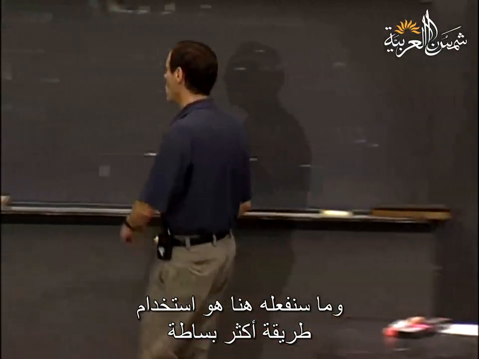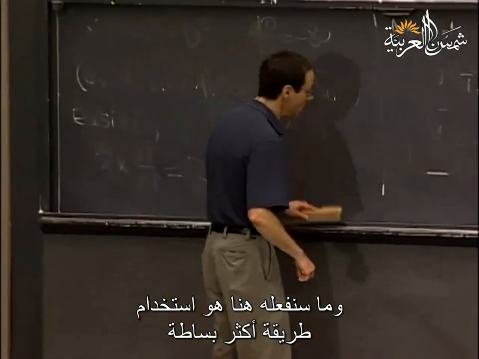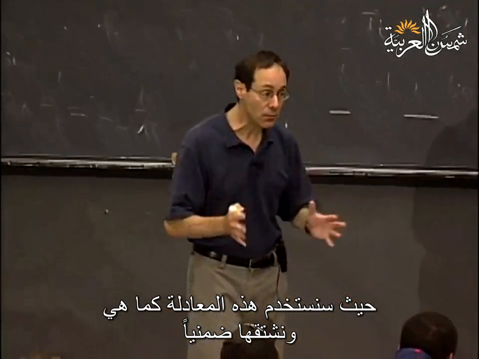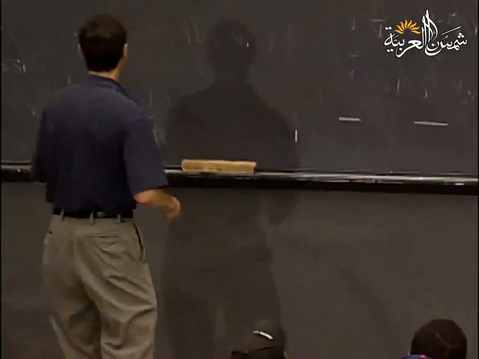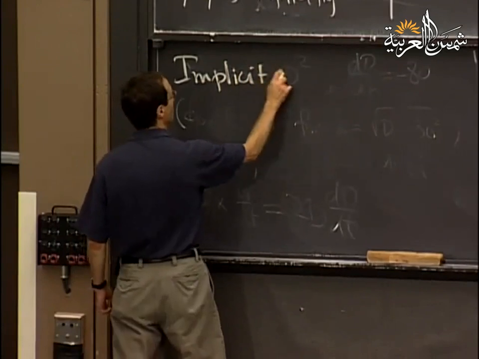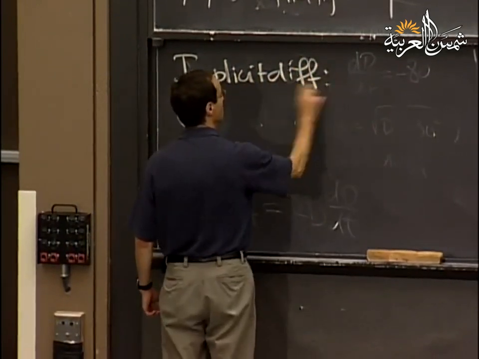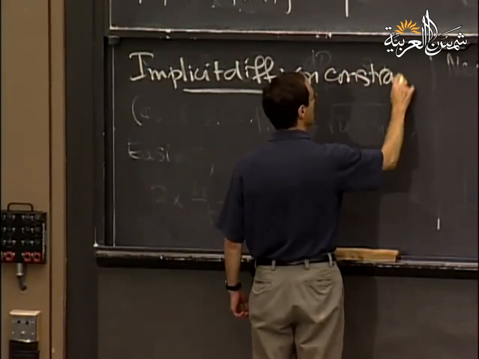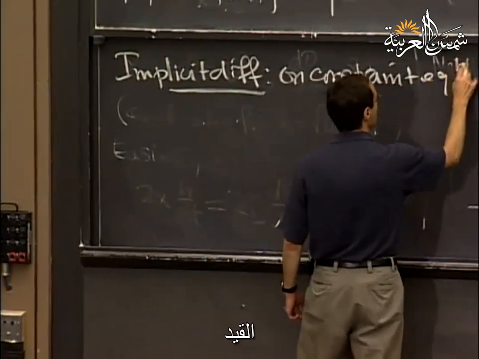Okay, so what we're going to do instead is much simpler. We're going to leave this expression alone, and we're just going to differentiate implicitly. So again, we use implicit differentiation on the constraint equation.